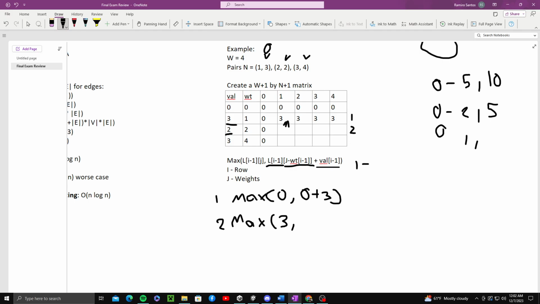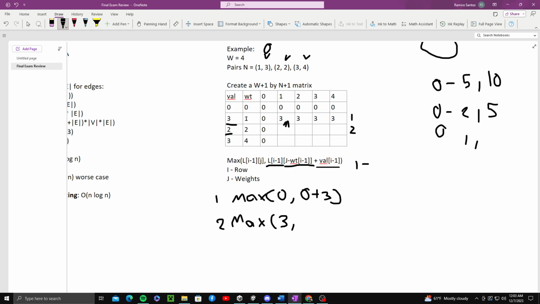What weight am I on? I think in this one, L of I minus 1, so that thing's above me. J, my current weight, minus, is it my previous weight?